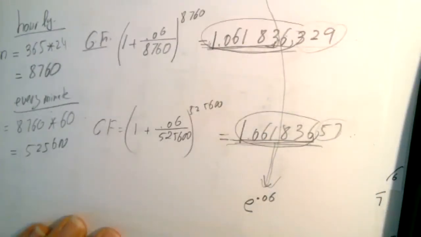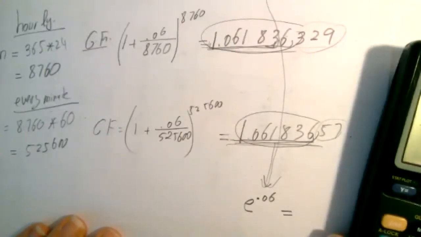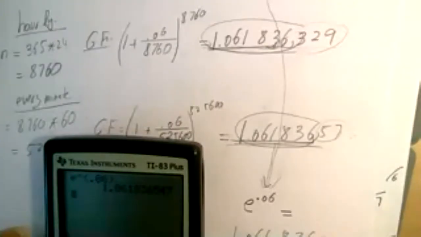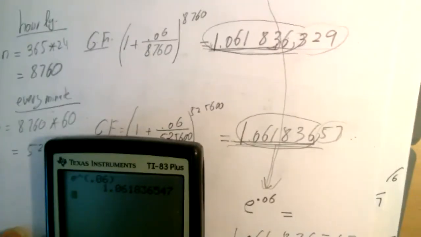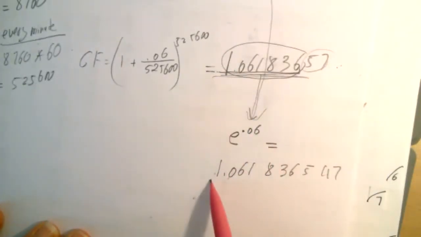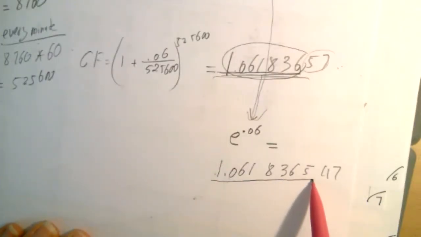So e to the 0.06. Now let us compute this number, and my calculator at least is giving me 1.0618365547. That's what I got. So now I want you to see how much those numbers and e to the power 0.06 agree with each other.